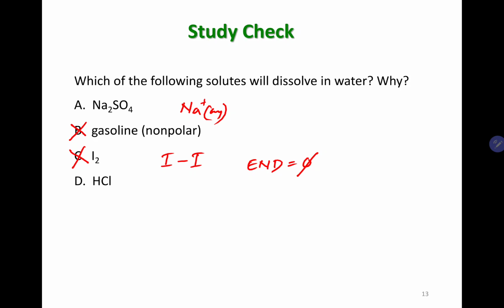So the electronegativity difference is very high, so they will easily go into water. Not only does HCl go into water, it will actually ionize, forming H plus ions and chloride ions. So A and D will dissolve in water.